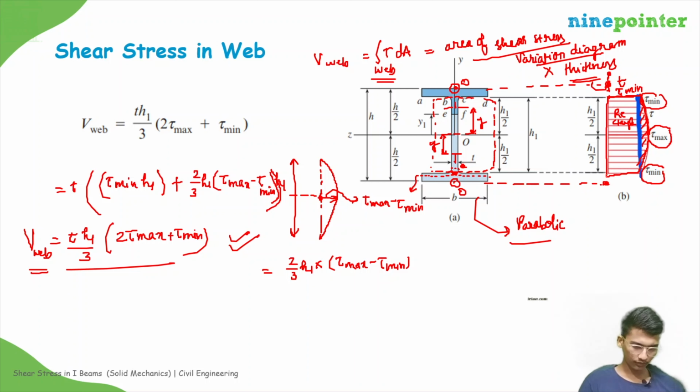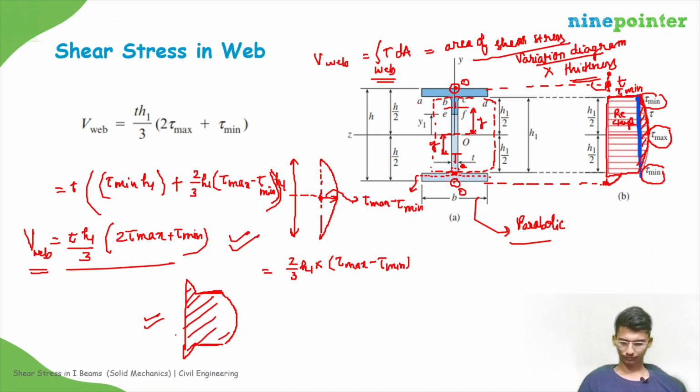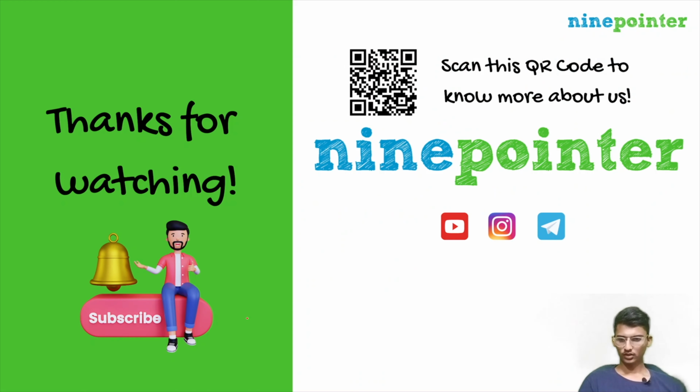So that means it will go something like this. If you draw the diagram, it will look like this, a straight line, and like this, a straight line, and like this. So this will be the shear stress variation with this formula in the I-beam. I hope you understood this concept clearly.